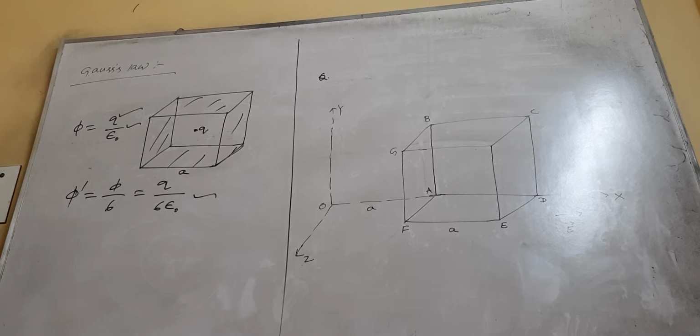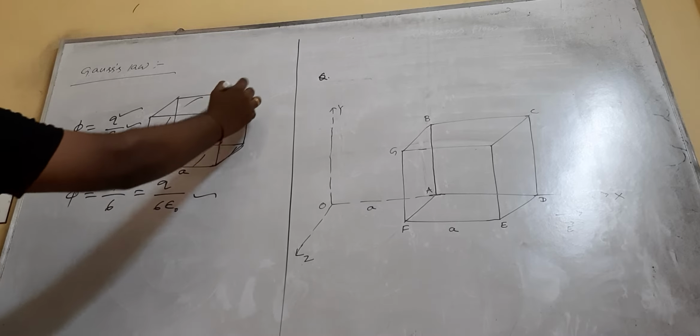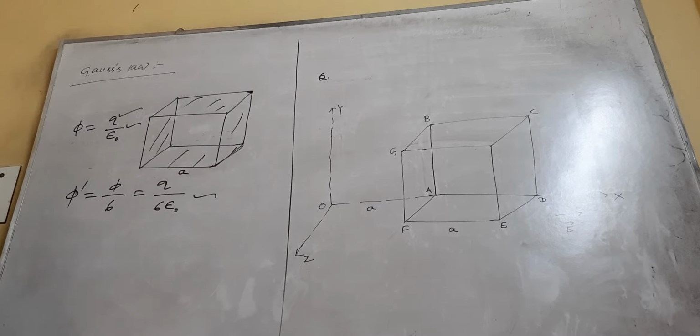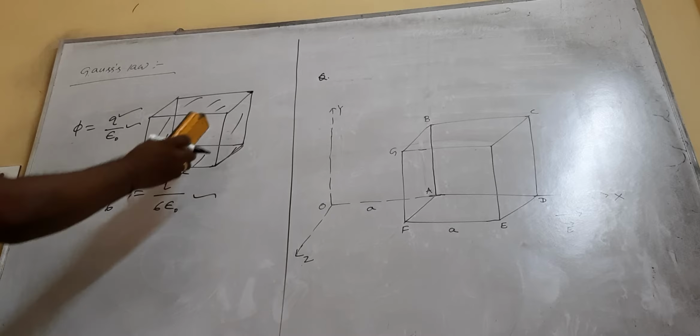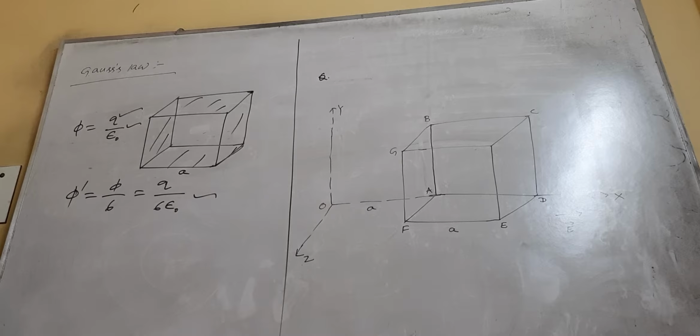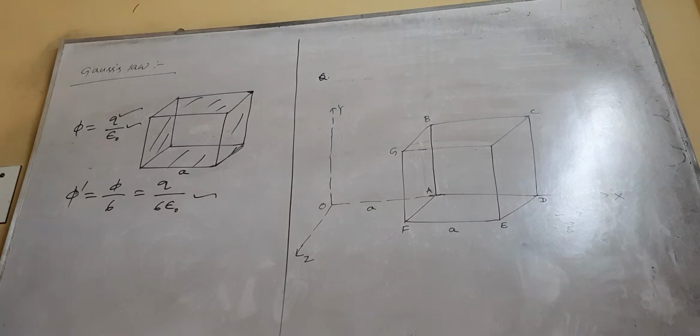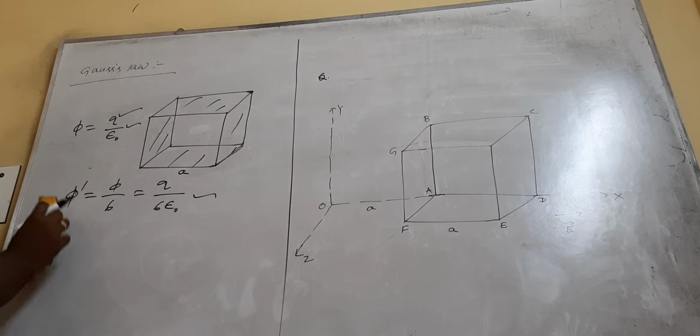In the same way, if I ask, a charge q is placed at one corner of the cube, what is the electric flux linking with this cube? If the charge q is placed at the center, the net electric flux is q by epsilon 0, and through each face it is q by 6 epsilon 0.